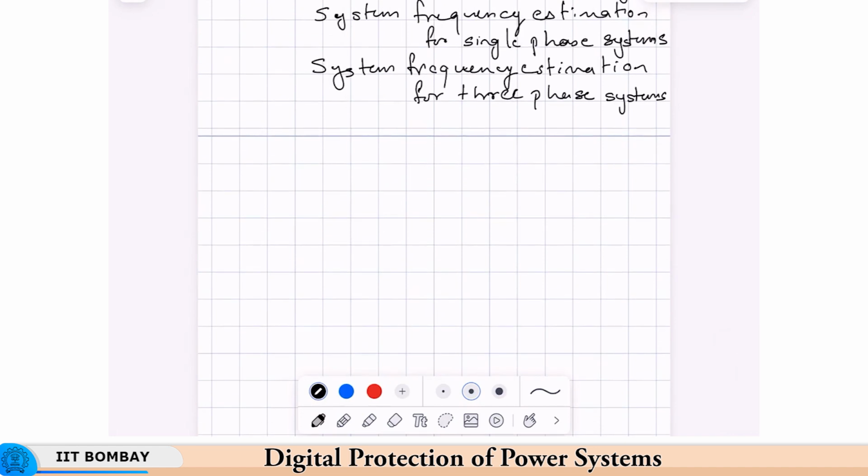Okay. So, complex exponential means the signal, okay, let us write it down. x of t is e raised to j omega naught t or e raised to j 2 pi f naught t. f naught is the nominal system frequency.